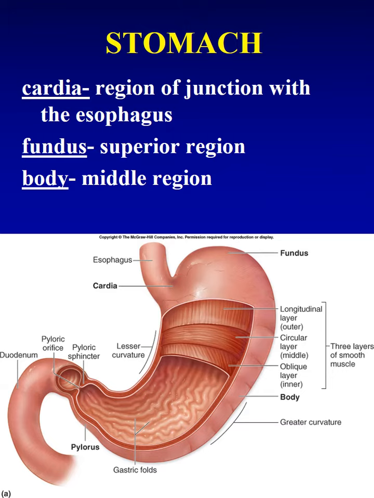For the anatomy of the stomach, we have the cardia, which is the small, narrow, superior entryway into the stomach lumen from the esophagus. The cardiac orifice is the internal opening where the cardia meets the esophagus. The fundus is the dome-shaped region, lateral and superior to the esophageal connection with the stomach.